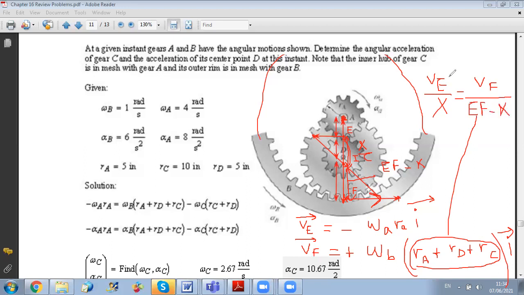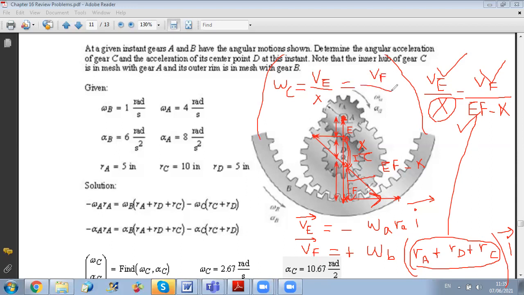Knowing the values of VE, VF, and EF, the only unknown in this equation is x. Once we find x, we can find omega simply by saying that omega of gear C is just equal to the ratio of the velocity of E over x, or also we can write it as the velocity of F over EF minus x.